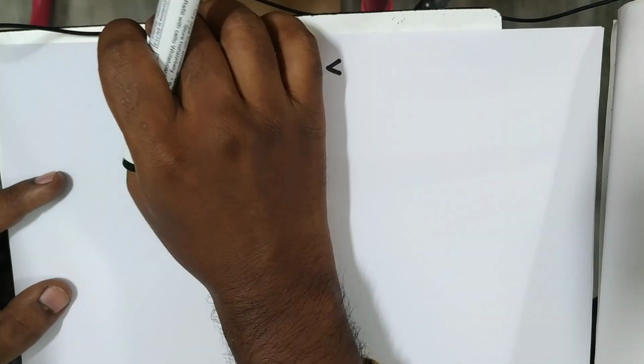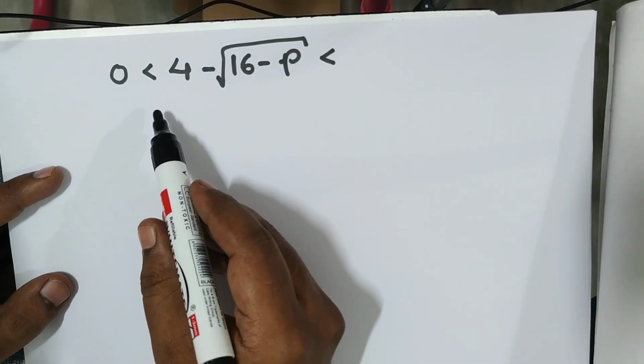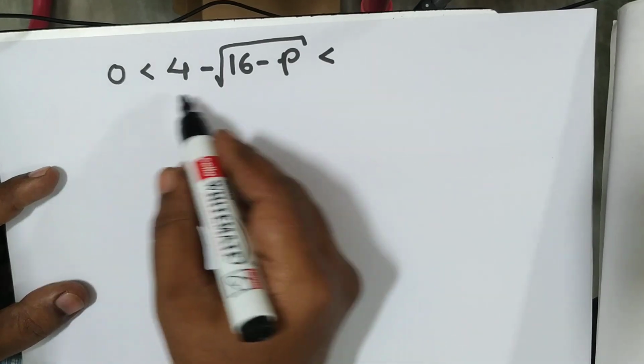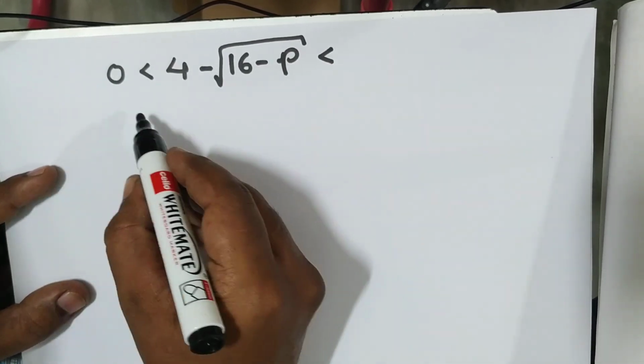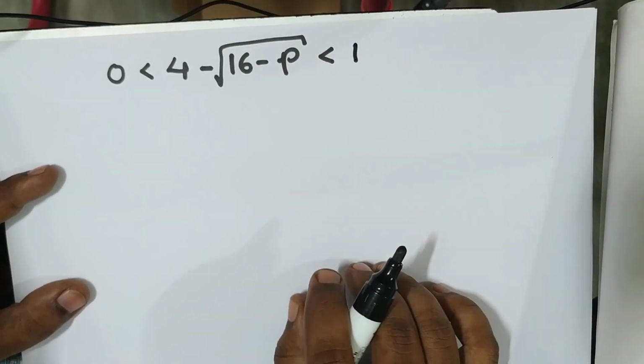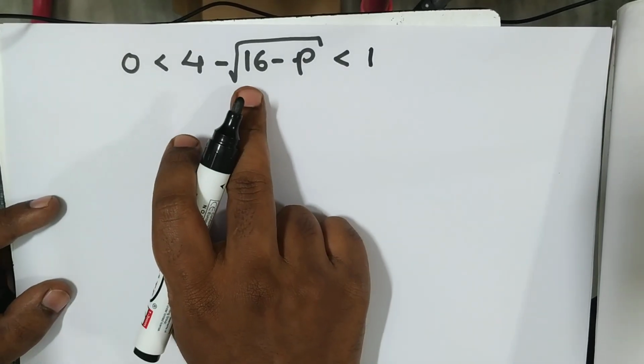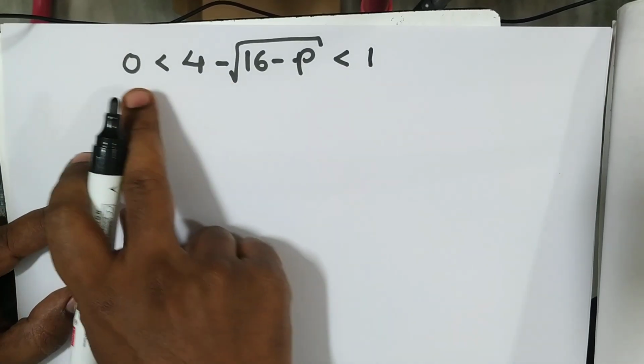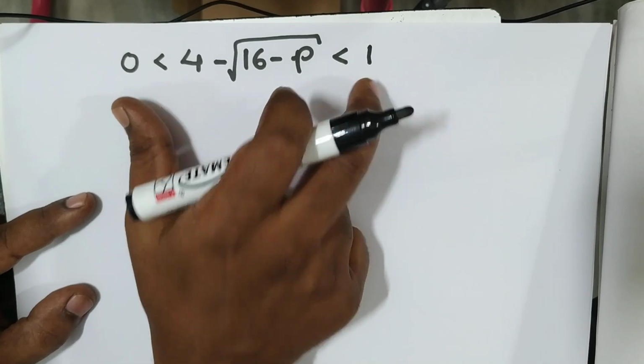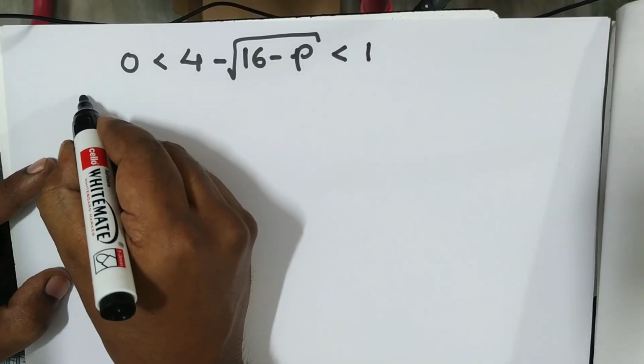So after a profound judgment, we understood that this root can fit the condition 0 to 1. So one of the roots, this one, is lying between 0 and 1, so you have to write like this.